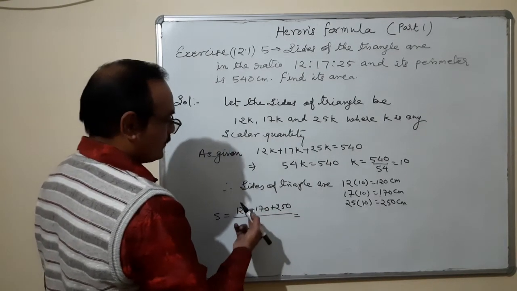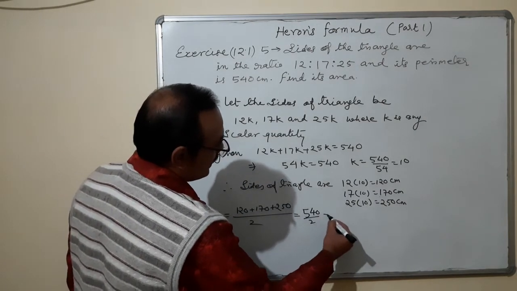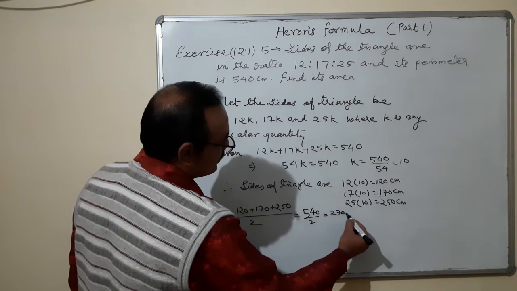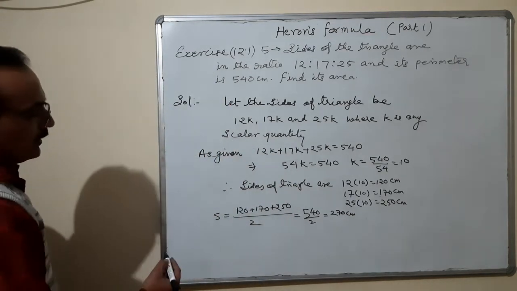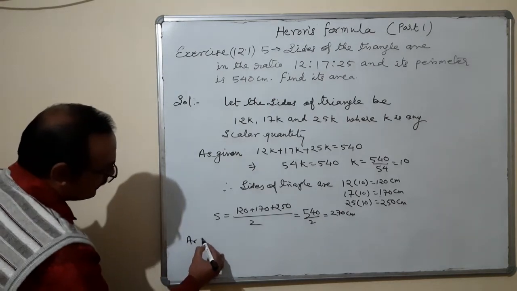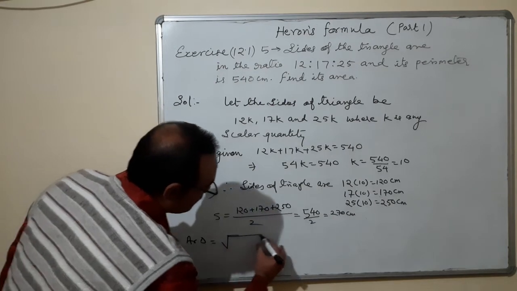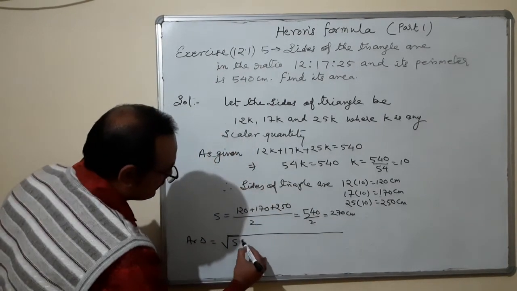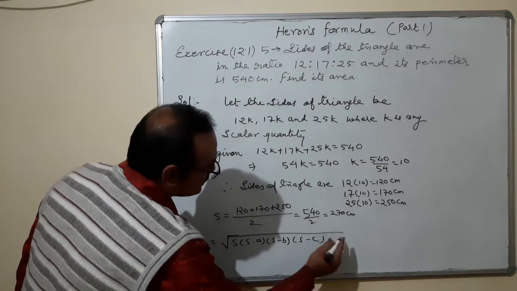So directly 540 upon 2, that is 270 centimeter. Okay. Area of triangle is equal to, which formula can we use here? We'll use root of S into S minus A, S minus B, S minus C.